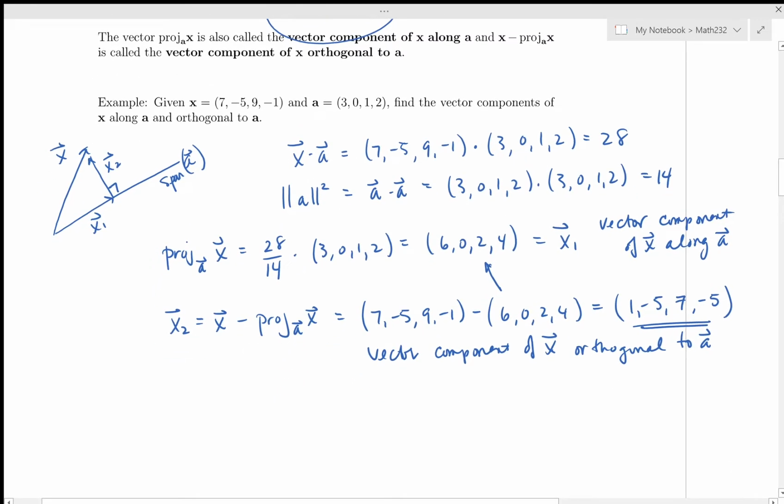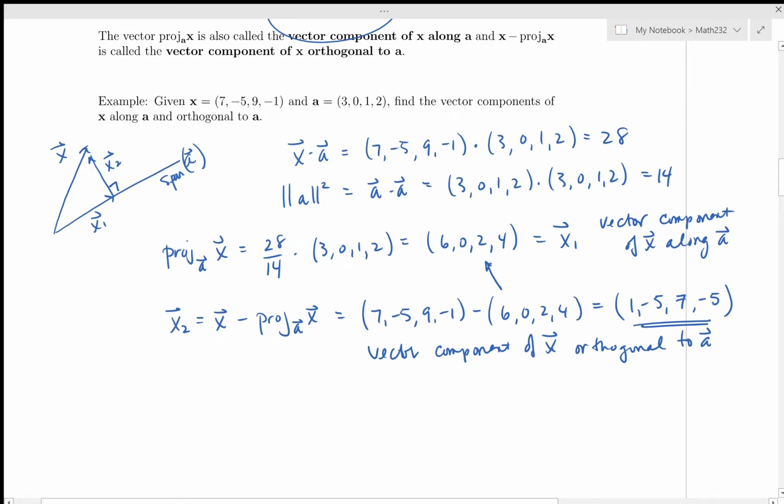Okay, so we can check ourselves a little bit. Looking at our picture and knowing what we've calculated, it should be the case that x1 dot x2 equals 0. They're perpendicular to one another. So let's quickly check that. (6, 0, 2, 4) dot (1, -5, 7, -5): I calculate 6 plus 0 plus 14 minus 20, and that is 0. Tick. Good.